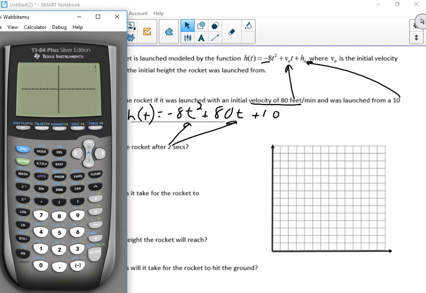I can graph it. Should be going up and coming back down. And I can't really see it. So, it makes sense though. 0, 10 is where it's starting, and look where it's going to be in 2 seconds. 138 feet.